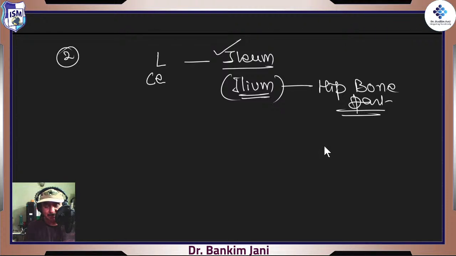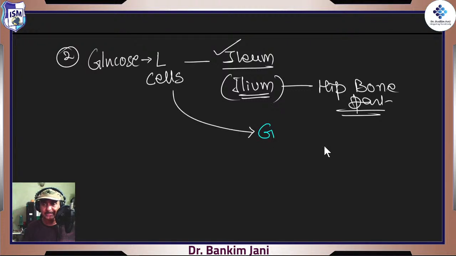In this ileum, there are L cells. And these L cells are classically affected by glucose, right? We already talked about protein and fats. So glucose acts on L cells, and that will lead to one very interesting thing. It is called GLP-1. Now what's this?